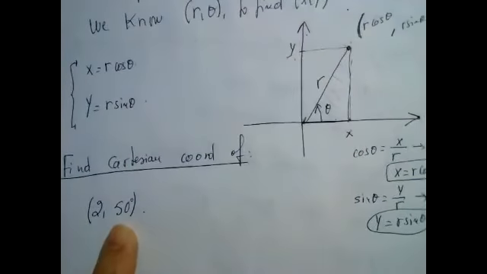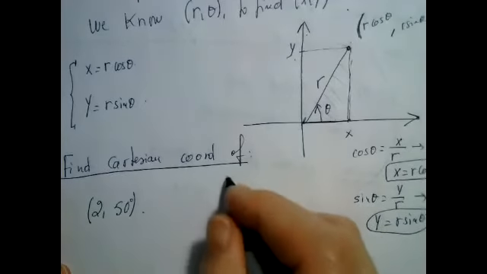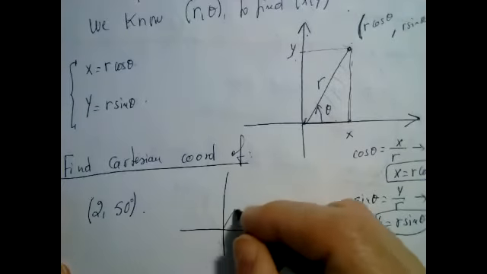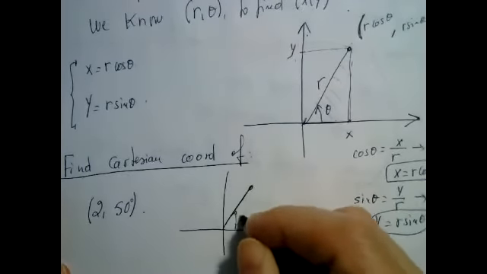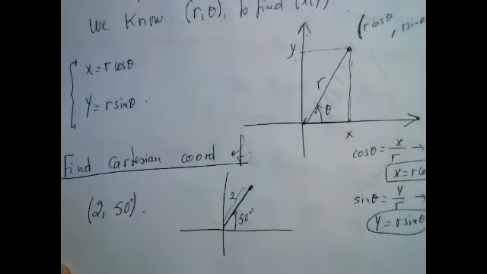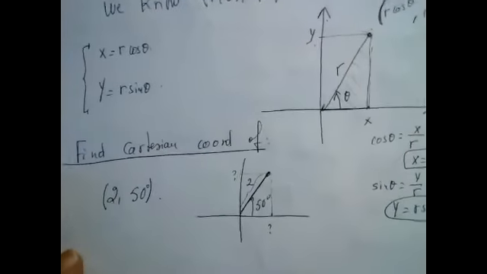The angle is in degrees, so we have to put our calculator in degrees. So here is my point. I always like to draw my point. That's my 50 degrees, and from here to here it's the 2. And the question is, I need the x and I need the y.